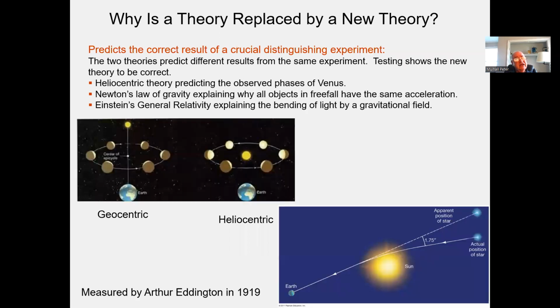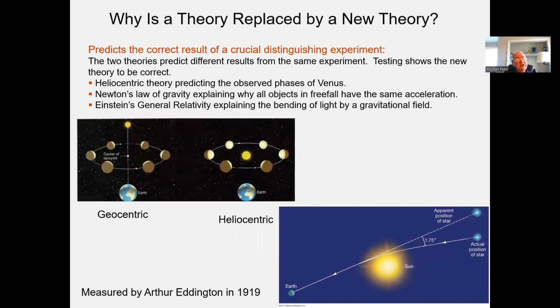Another reason why is that a new theory will replace an old theory with a very important, crucial, distinguishing experiment. There have been some very famous experiments in the history of science which are considered absolutely crucial, and when the new theory can produce the correct result where the old theory could not, this is a very dramatic example of the new theory coming into its own and starting to be taken seriously.